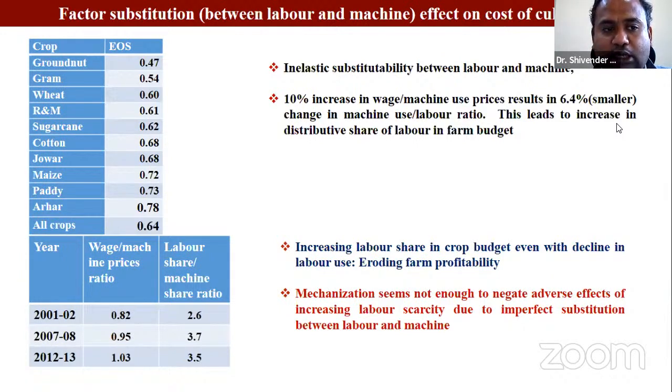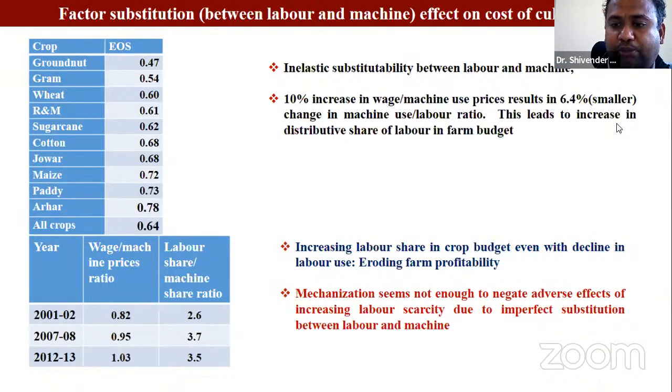That elasticity is inelastic. Similarly, 0.64 is the average, which shows that if there is about a 10% increase in the ratio of wage and price, it is actually the relative change in the price of labor and machine which matters, not only the price of labor or the price of machine.